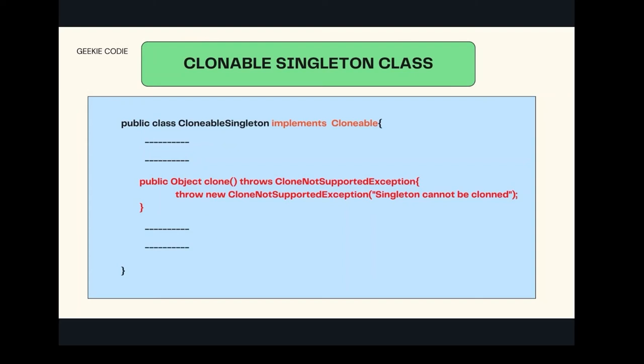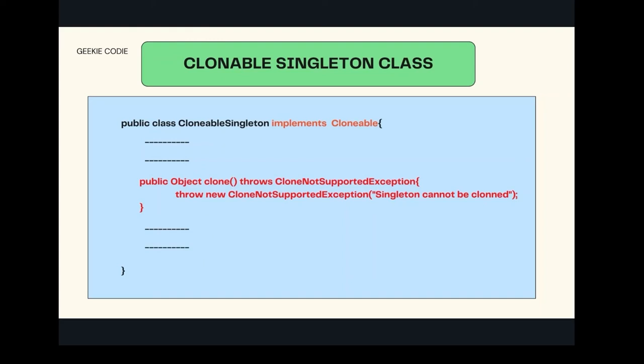Now let's move to the cloneable singleton class. If the class is cloneable, or if someone tries to clone the class object, then how do we ensure the singleton behavior? Here we have to implement the Cloneable interface, which is a marker interface, so we don't need to override any methods from it.